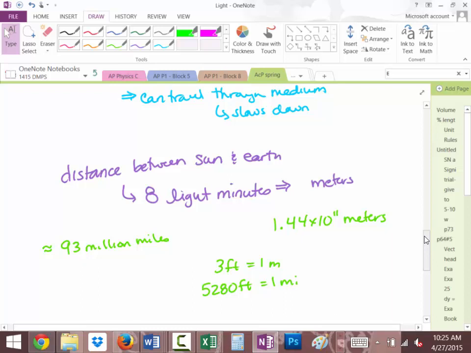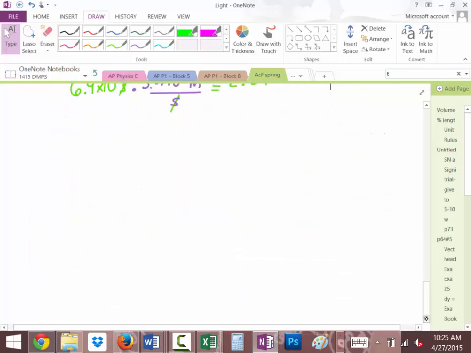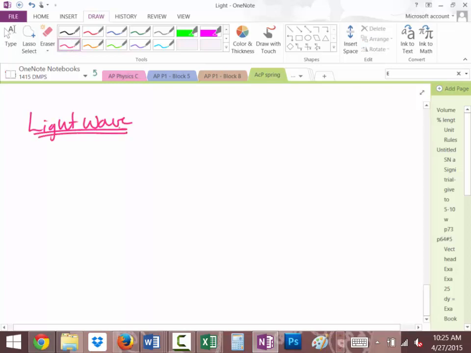Are you with me there? So when we talk about that, we have to get into this new conversation about what a light wave really is. So a light wave, I will tell you, is a transverse wave.